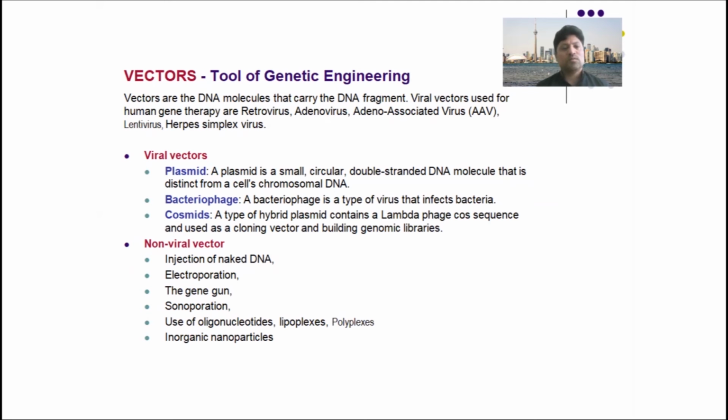Viral vectors used for human gene therapy are retrovirus, adenovirus, adeno-associated virus, lentivirus, herpesvirus, then herpes simplex virus. These are examples of the viruses that are frequently used in research, academia, and business to transfer the gene from one DNA to the other DNA.